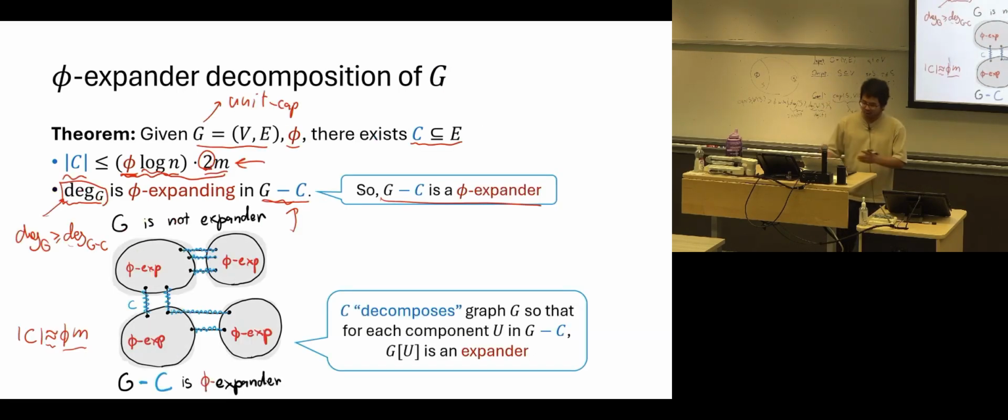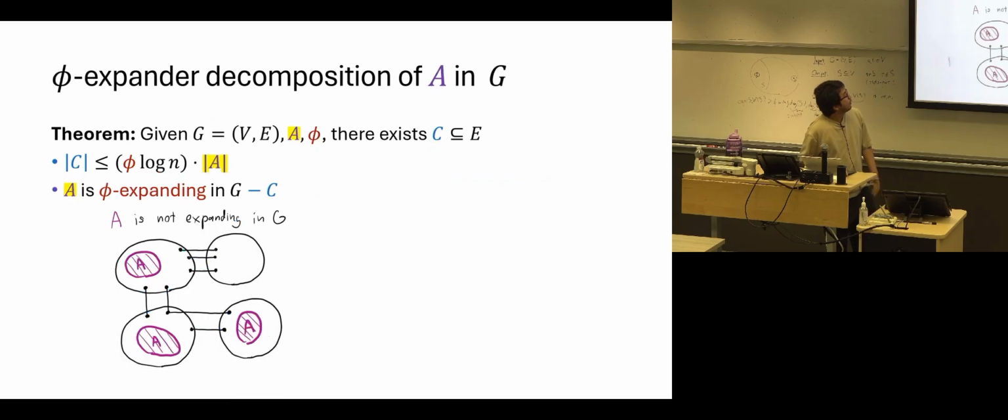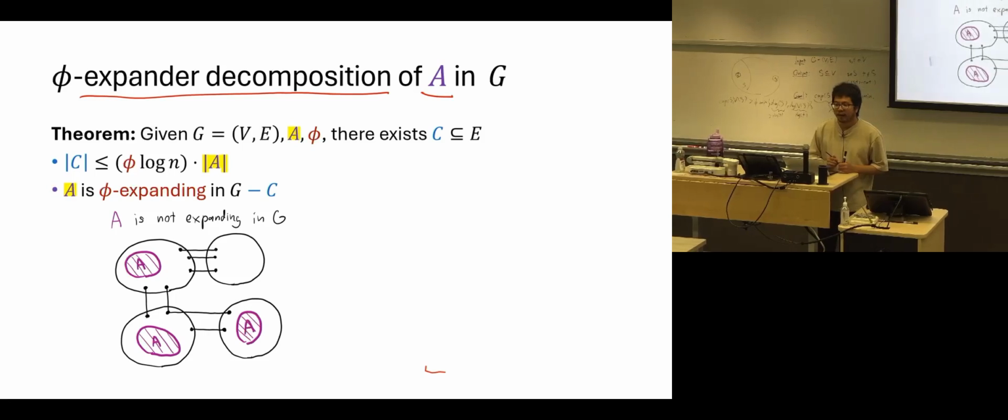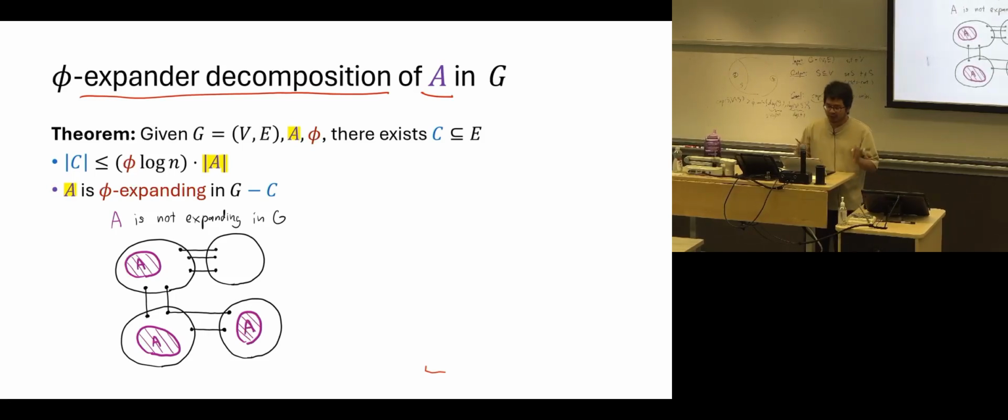Before I show you the proof, let's look at a generalization of this, which is an expander decomposition for node weighting A. This is going to be true for any node weighting. You are now given G, A, and phi.